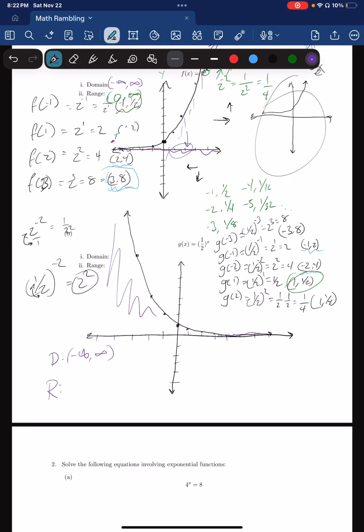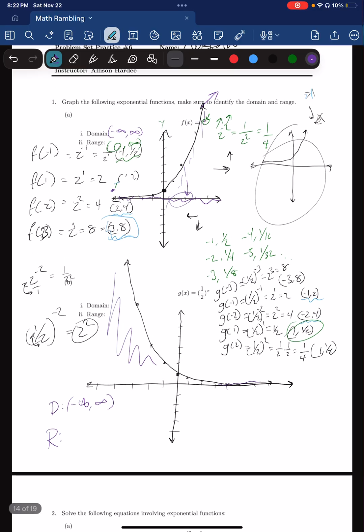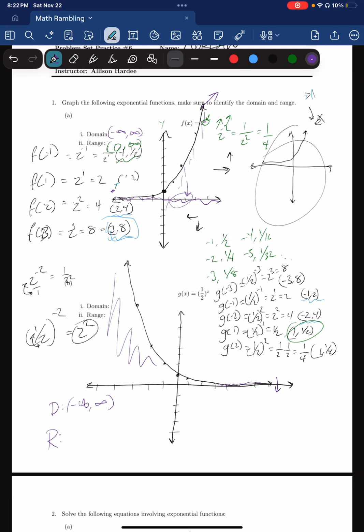Now what about our range? Our range looks like we're in the same situation here. We still aren't going to be able to go below 0, but we can always go bigger and bigger and bigger. And although we can always go smaller and smaller, we can never go smaller than 0. So 0 to infinity.